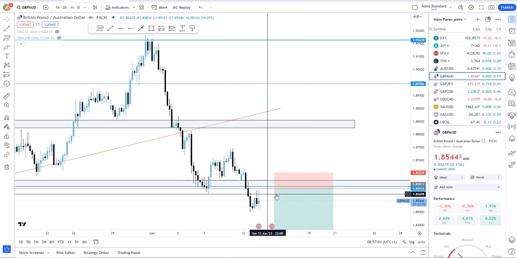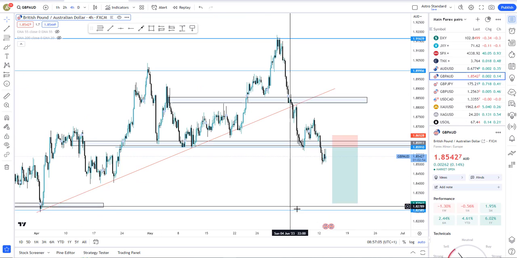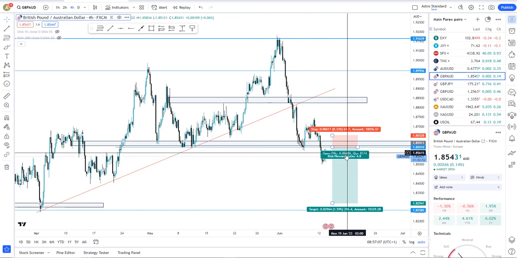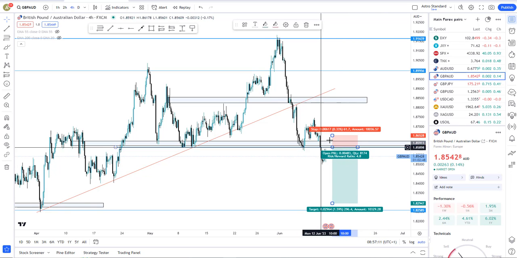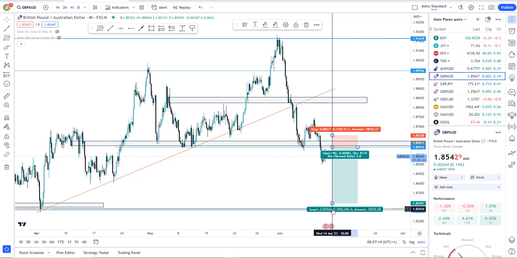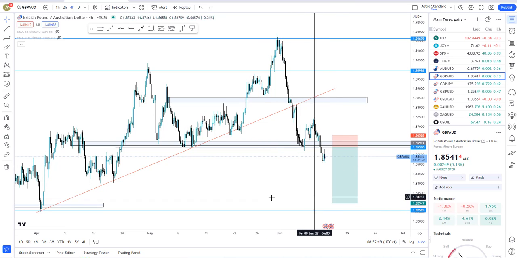So it didn't get there yet, but if it comes around there during the news time or after, then I will be looking to take this short. So it's around 60 pips, and then the potential target is around 296, so around 300 pips.